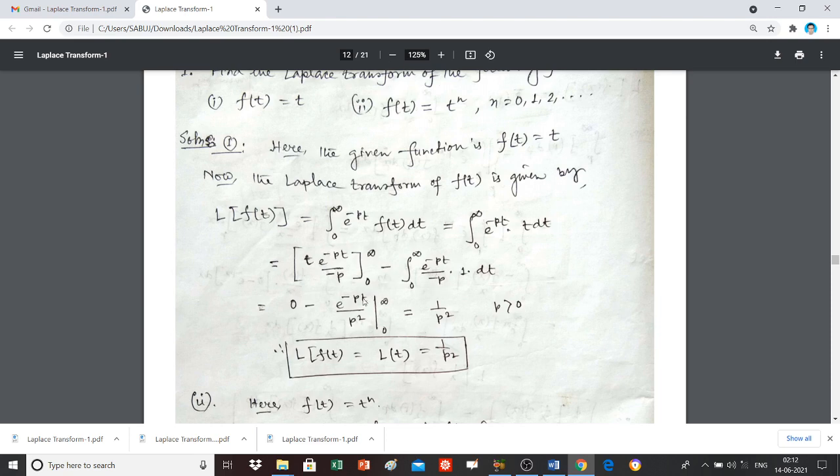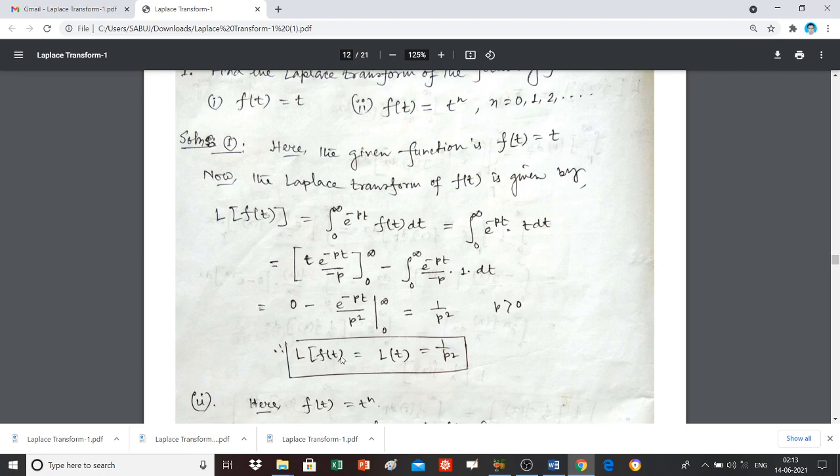This minus and this minus give a plus sign, and integrating e to the power minus pt gives minus of e to the power minus pt by p. This p and the previous p give p square, and another negative sign is here, with limits 0 to infinity. Using the upper limit gives a null result, and using the lower limit gives 1 by p square, where p is greater than 0.